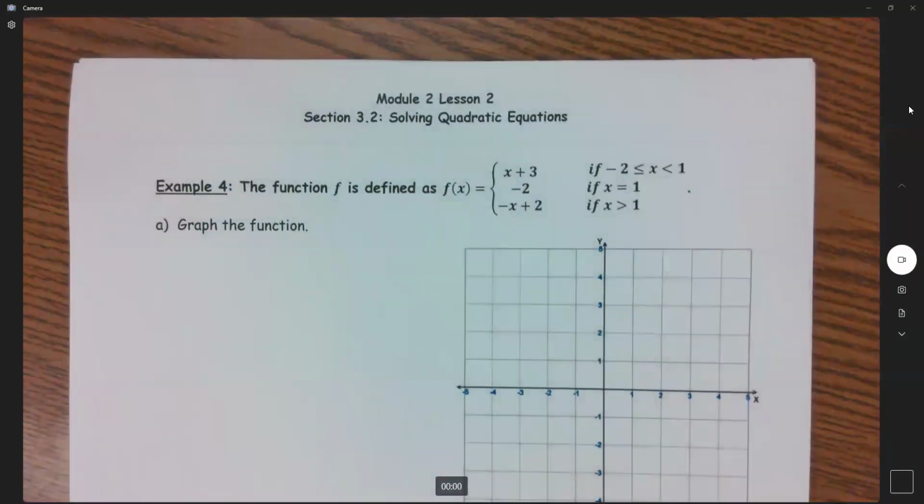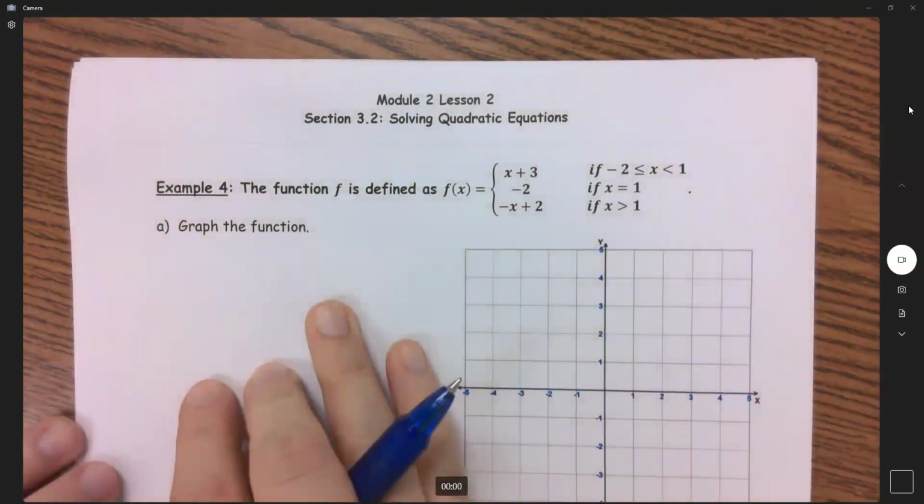All right, let's go to example 4 now. Example 4 has 3 equations, so let's do this one together. And then I want to encourage you to pause it and try to do example 5 on your own. So graph.